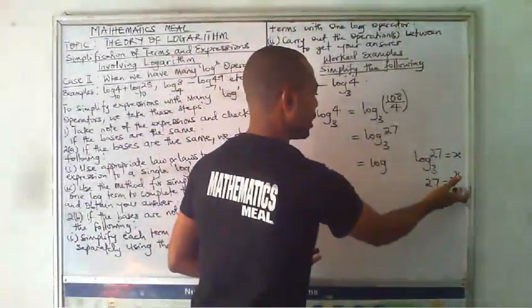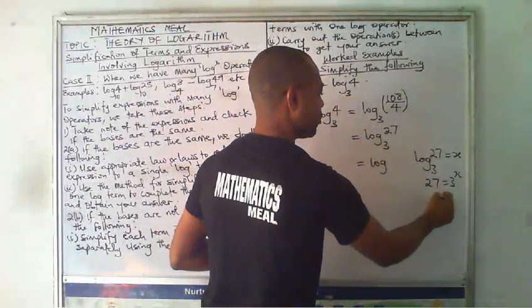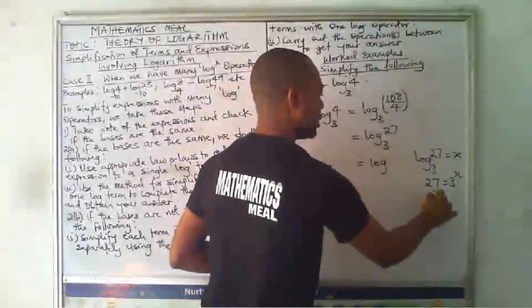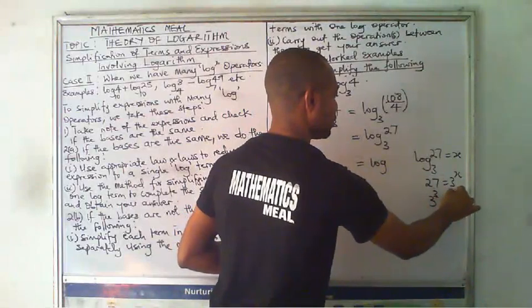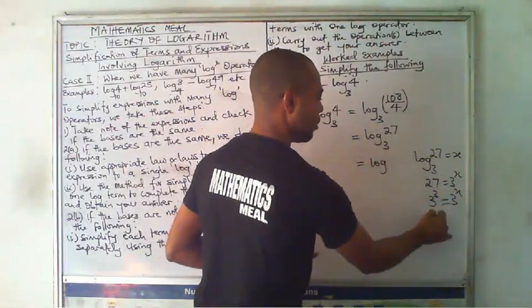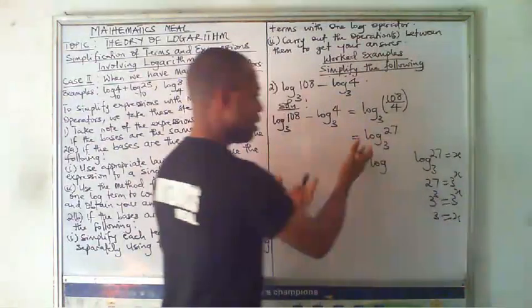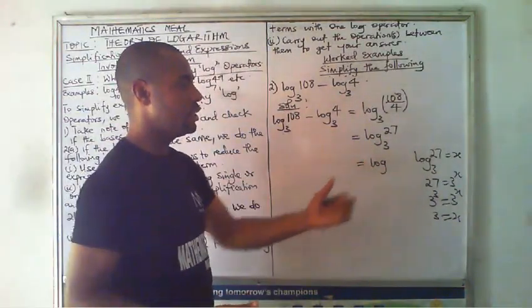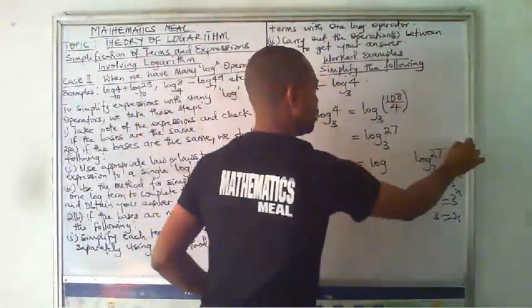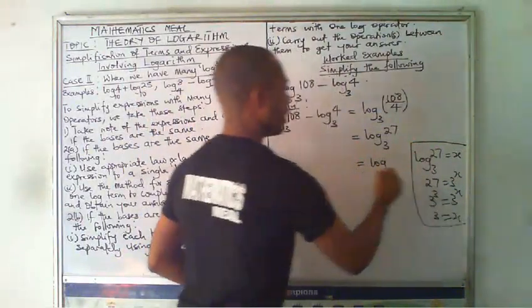Then express both sides in the same base, in index form: 3 raised to 3 equals 3 raised to x. Equate the power, so 3 is equal to x. We now get our answer, 3.